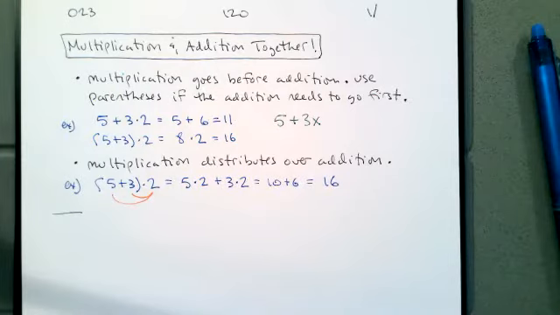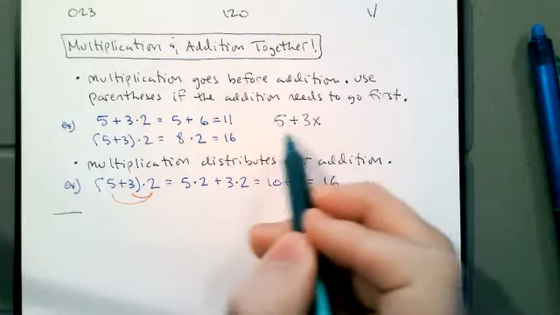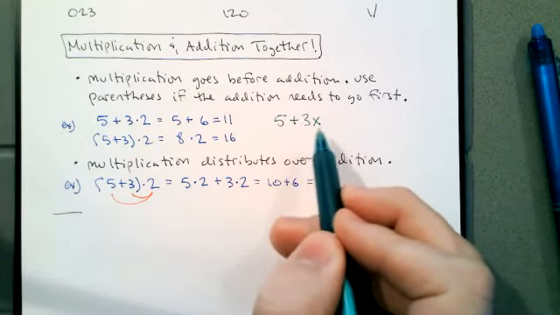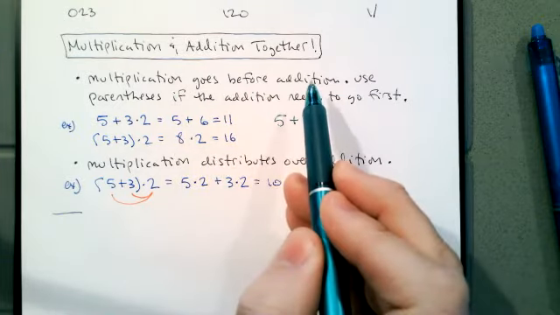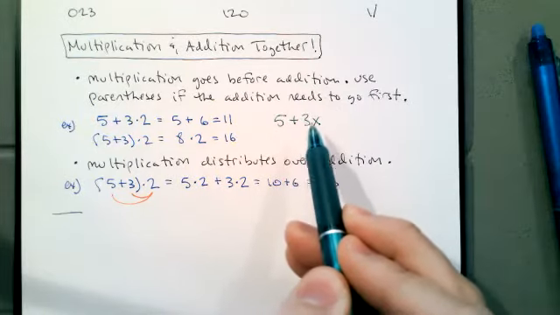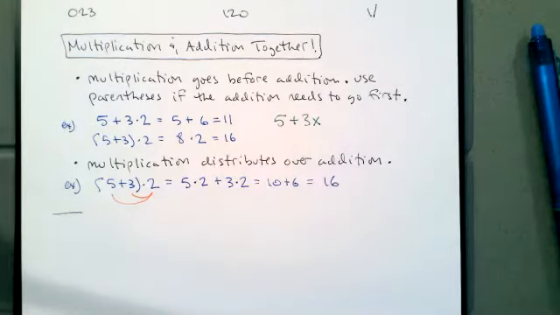First of all, we only add things that are the same. This is a constant term. This is an x term. They're not the same. Also, this multiplication has to go first because multiplication goes before addition. So I can't add the 5 and the 3 because the 3 is getting multiplied by this x. This x is saying, hold on, I got to multiply by that 3 before the 5 comes along and we add.